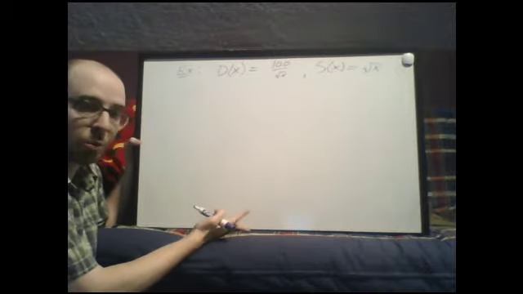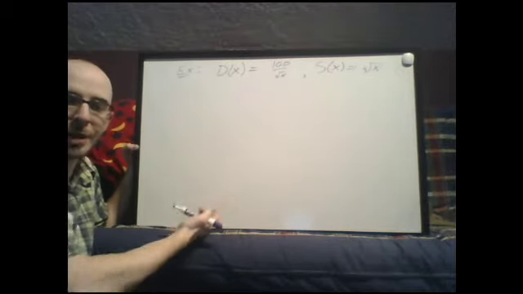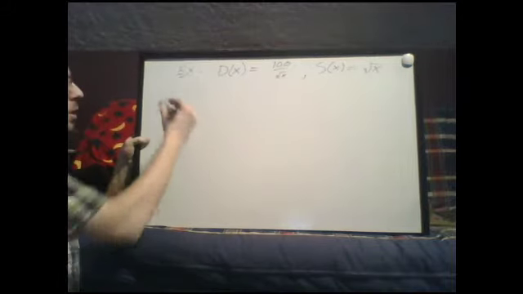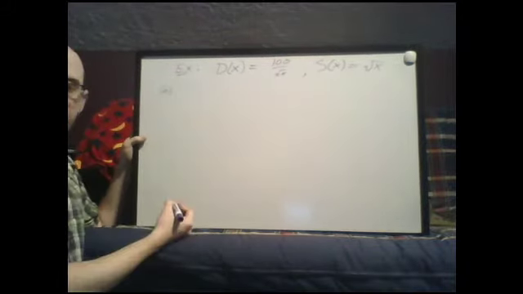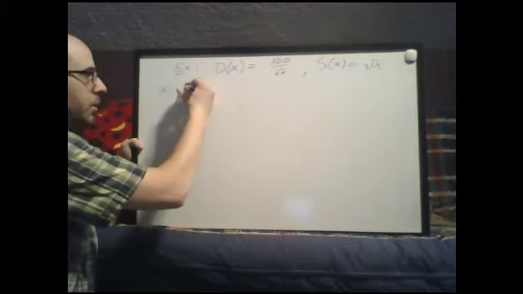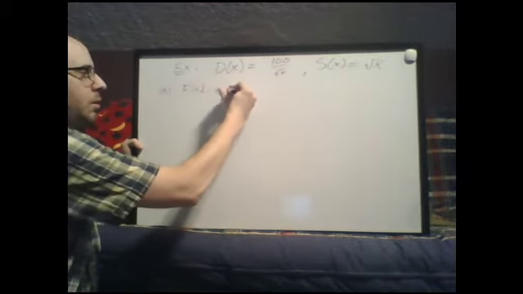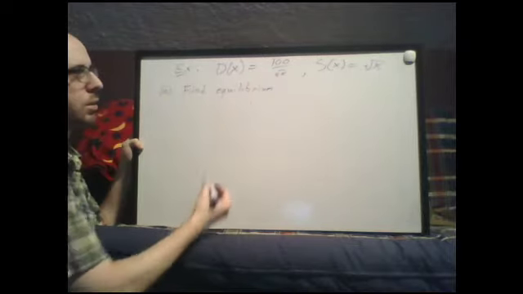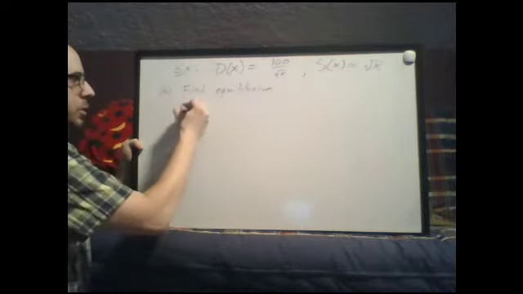No matter how it's asked, though, if that's our ultimate goal, we still have to do it in a step-by-step process. Our first thing we have to do is find the equilibrium. So for that, we're going to set our two functions equal to each other.